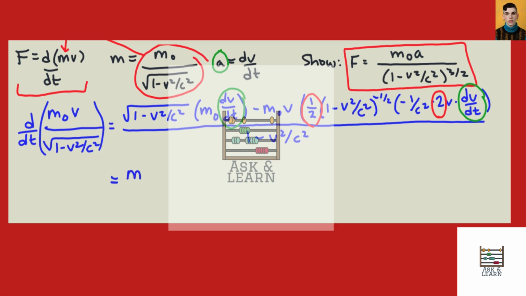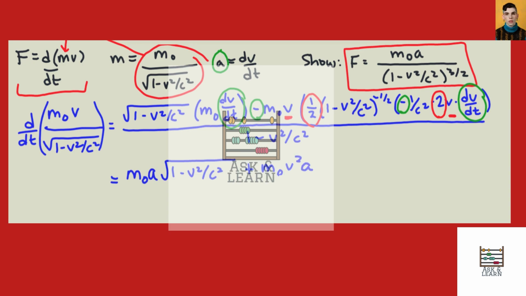So in the first term, we have m naught times a. Remember, we replaced the dv dt with a, times the square root of 1 minus v squared over c squared. Then in the second term, we have plus, oh yes, because we have minus a negative, so we can make it plus m naught times v times another v.